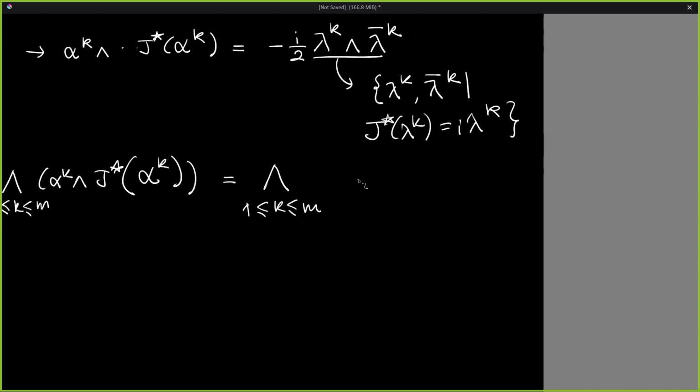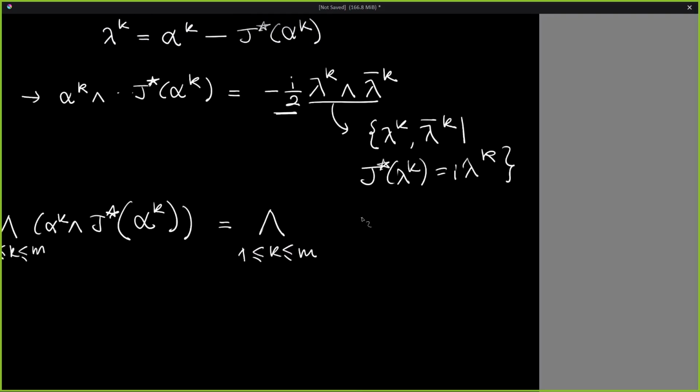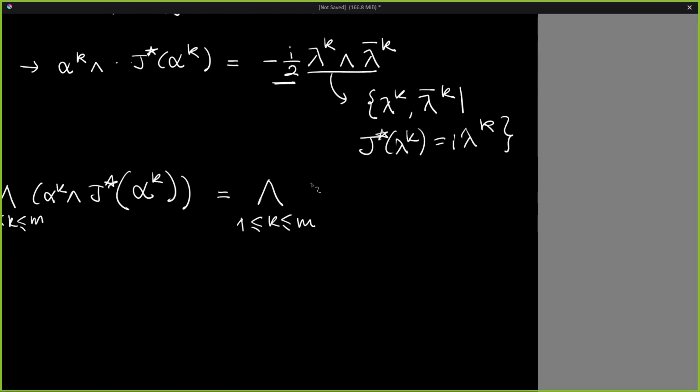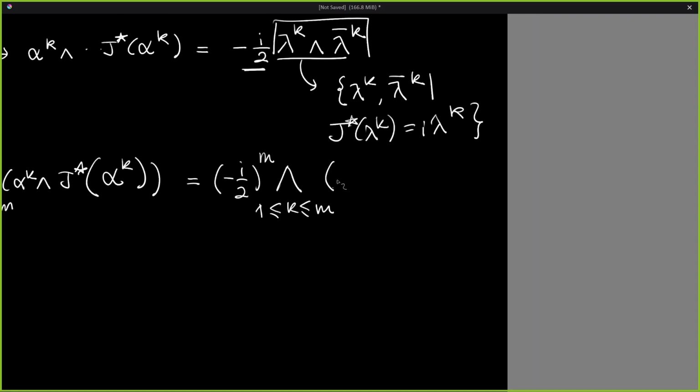So we're just wedging all of them together in a big line, and we'll get m copies of this, because k is going to go from 1 to m. Let's put that in front: minus i over 2 to the power m, one for each pair like this that we are getting. So there are m of them, and we'll get lambda_k wedge lambda bar_k, right?